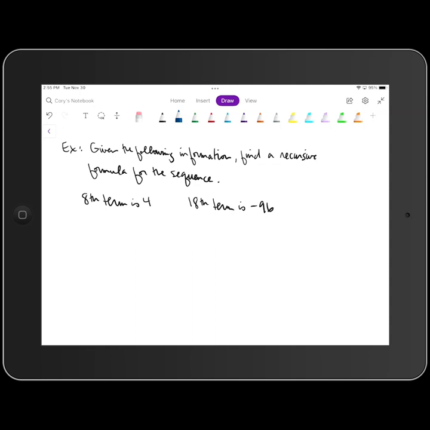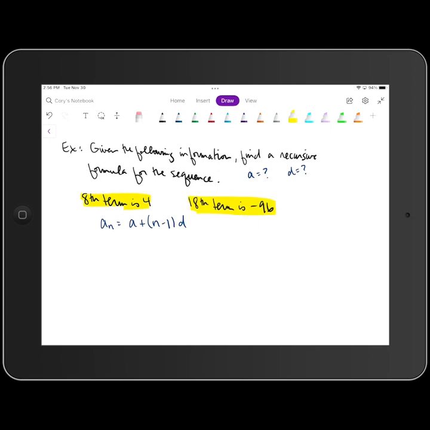So we know based on the last example that if we want to find a recursive formula, there are two things that we have to calculate. We have to figure out what the first term A is, and then we also have to figure out what the common difference D is. We can take our formula where A sub n is equal to A plus n minus 1 times the common difference D, and plug these two pieces of information into that formula.